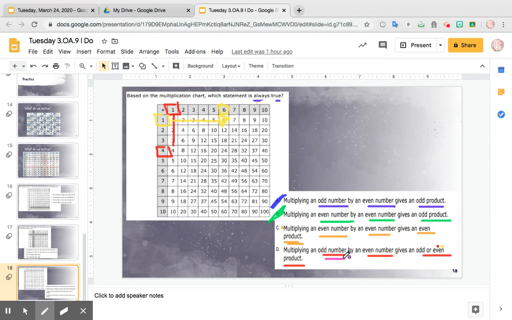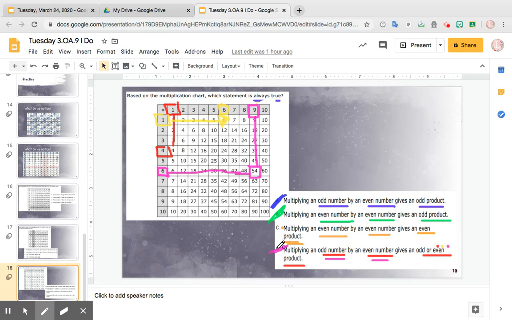So again, we're doing an odd number times an even number. So let's do an odd 9 times an even number. Let's do 6. Well, 9 times 6 is 54, and 54 is an even number again.